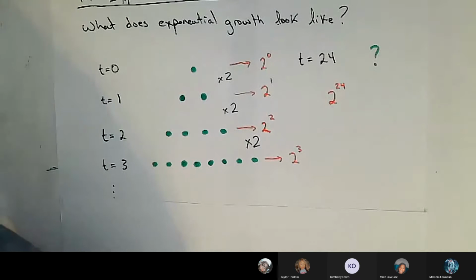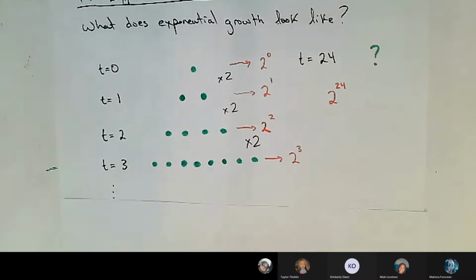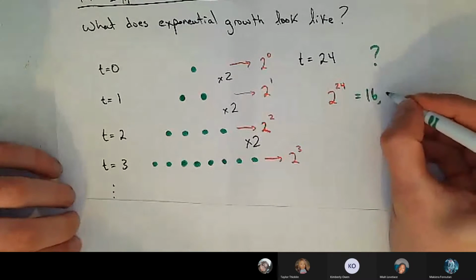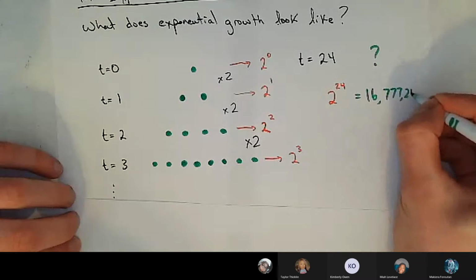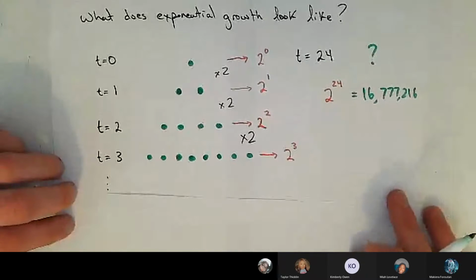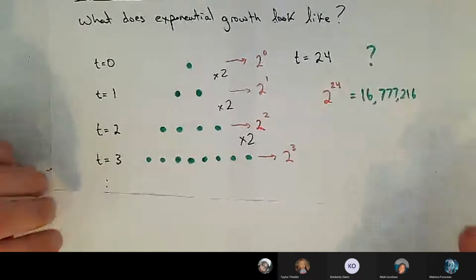We can go ask the calculator. 2 raised to the 24th, and it's 16 million, equals 16,777,216. So way more than I could have ever hoped to draw, right?